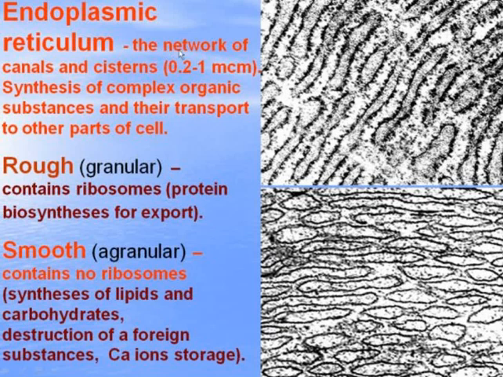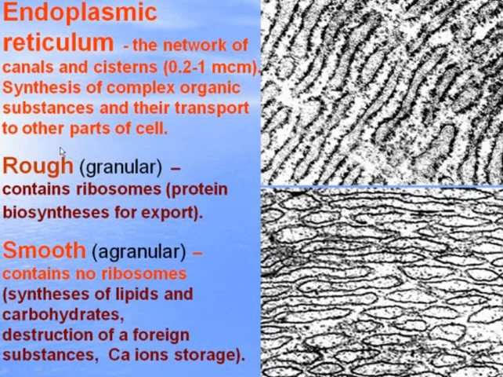The network of canals and cisterns, with a thickness between 0.2 and 1 micrometers, and their function is synthesis of complex organic substances and their transport to other parts of the cell.